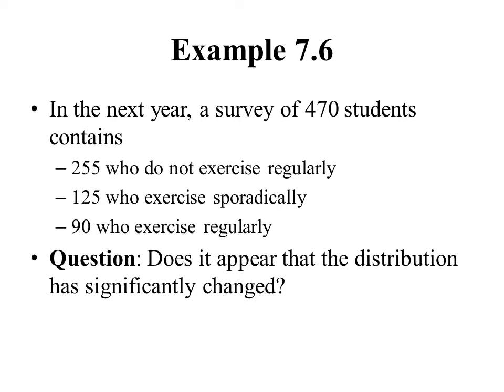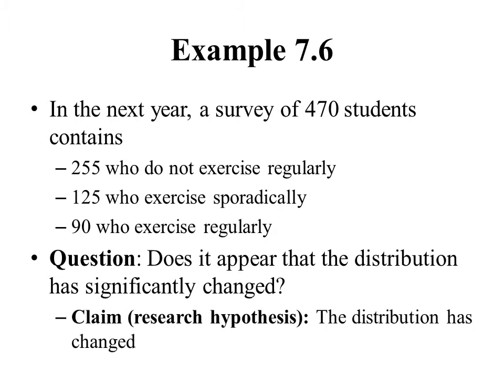So the question that the researchers want to ask is, does it appear that the distribution of exercise habits has significantly changed? Meaning, have the proportions of these different categories of exercise habits changed very much? So the claim, or the research hypothesis, that we're going to be testing is that the distribution has changed.